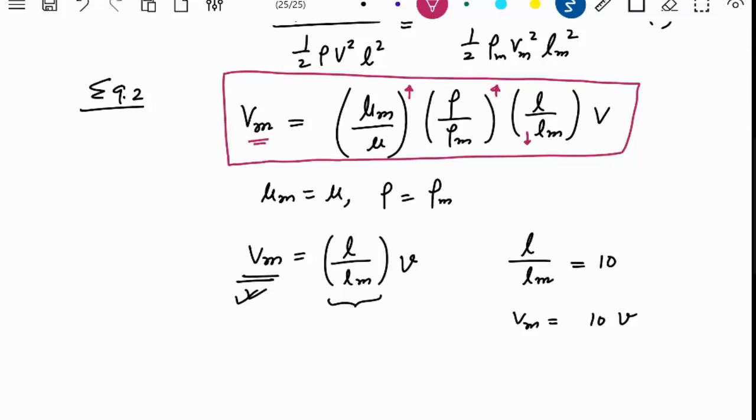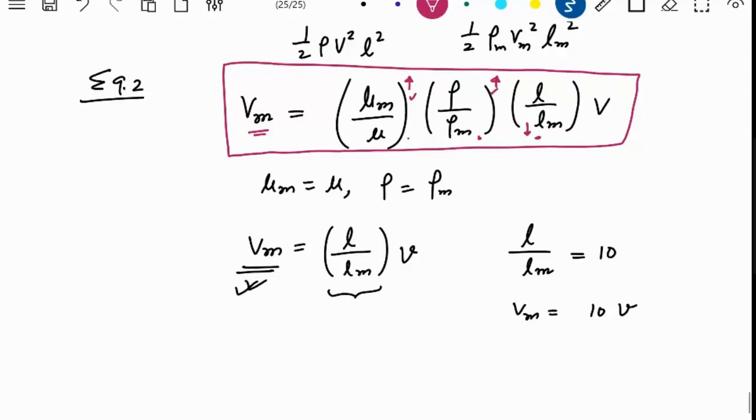So even though I am using a very small scale model, to compensate, this is less than 1 and this is greater than 1. So ultimately we will compensate this length scale by these two scales.